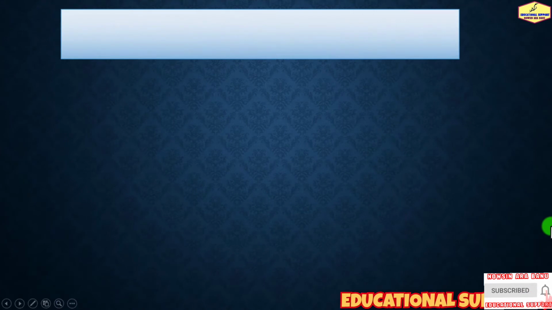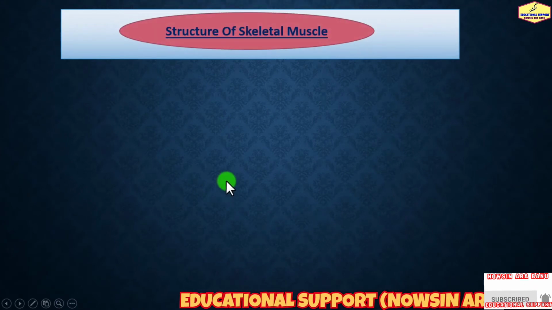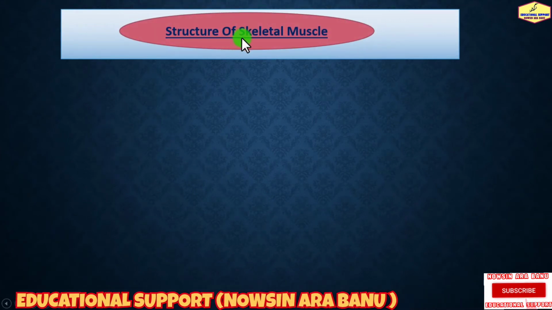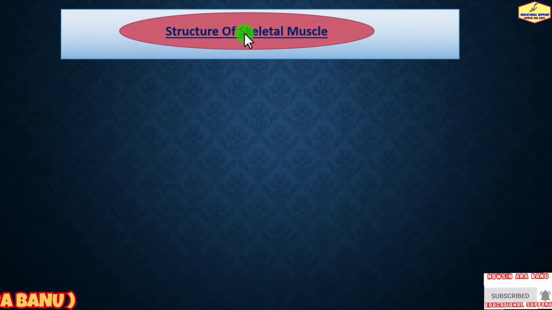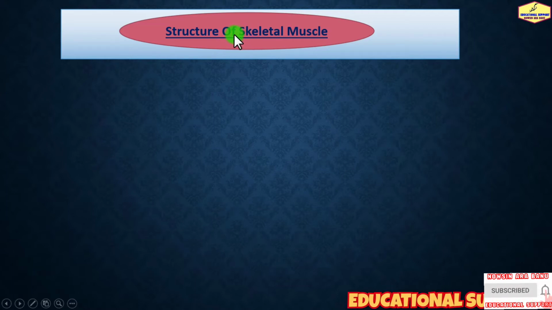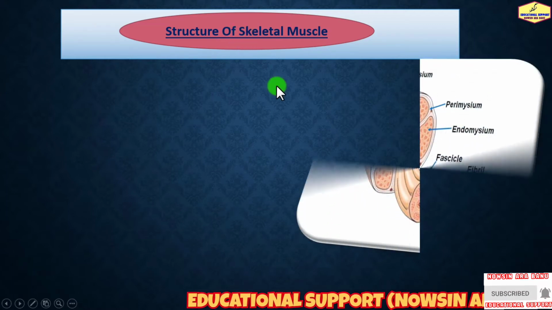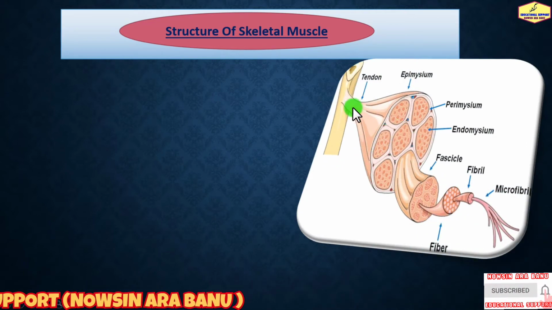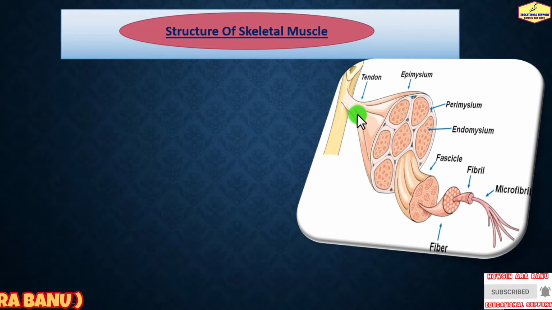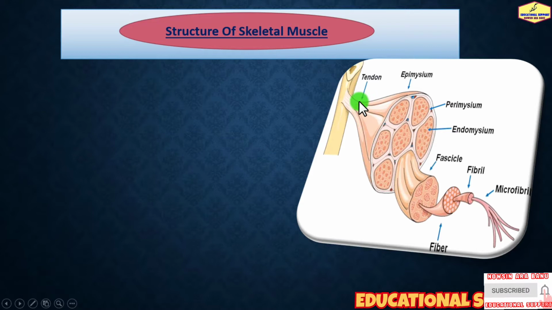Next, we are going to discuss an important topic, that is the structure of skeletal muscle, or light microscopic structure of striped or skeletal muscle. This muscle is attached to the bones by an elastic tissue or collagen fiber called tendons.